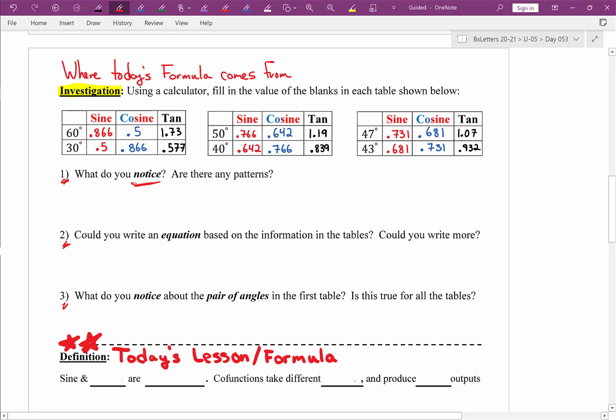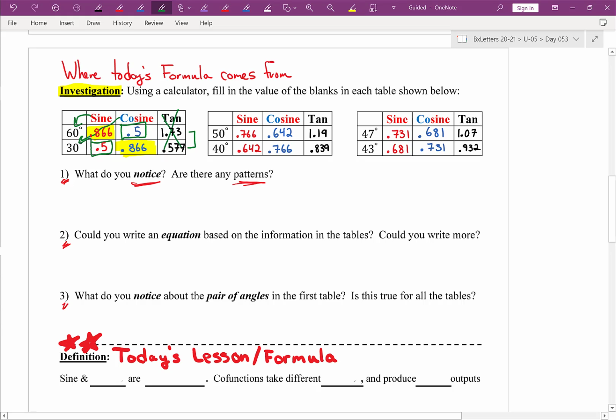What do you notice? Are there any patterns? Well, that means I'm going to look for a pattern. Do I see 0.866 show up again? Yeah, I see it here. Okay. Do I see 0.5 show up again? Yeah, I see it down there. There's no pattern I can see with tangent. Tangent doesn't have anything going on. So I see the sine of that equals the cosine of that.